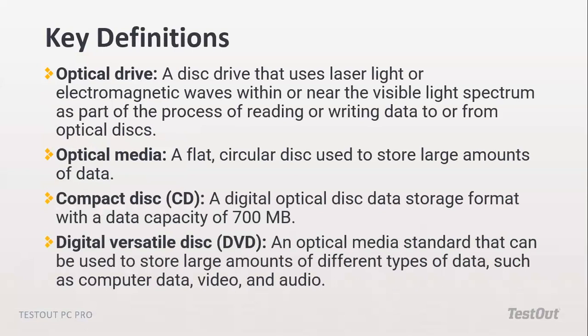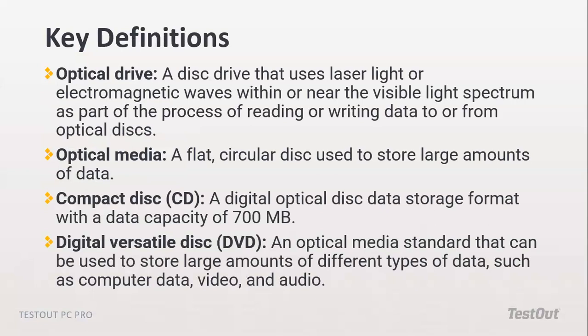What is an optical drive? This is simply a drive that uses laser lights or electromagnetic waves within or near the visible light spectrum as part of the process of reading or writing data to or from an optical disc.